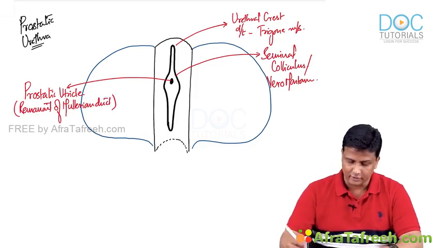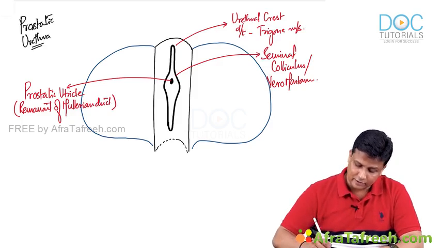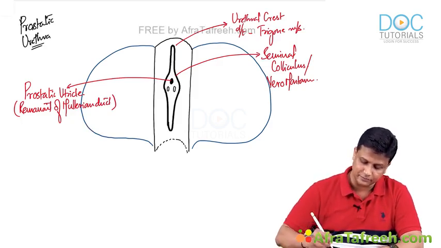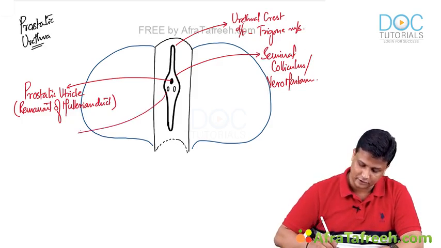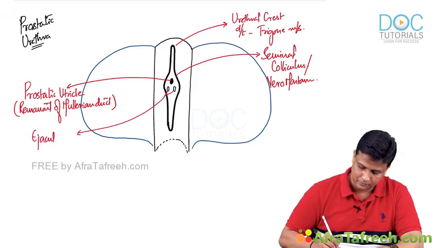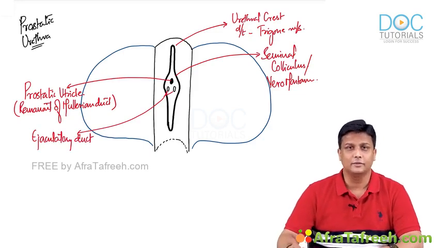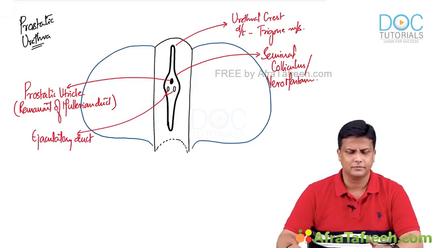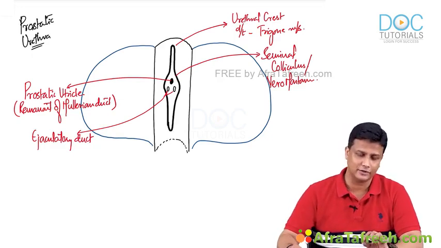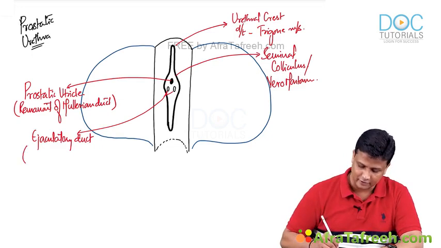That is the prostatic utricle. And on either side of it, you can appreciate the openings of the ejaculatory ducts. These two are the openings of your ejaculatory ducts. We all know very well that the ejaculatory duct is derived from the Wolffian duct in males. The Wolffian duct forms all the SEED structures. The mnemonic is SEED, where one of the E's stands for ejaculatory duct.